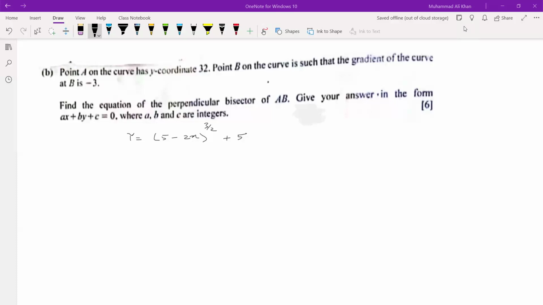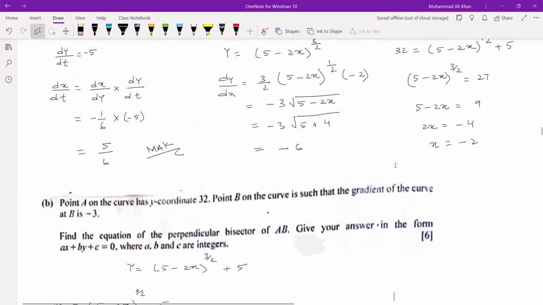So first we have to calculate the coordinates of A and B. For A, replace y with 32. So 32 equals (5 minus 2x) whole power 3 upon 2, so (5 minus 2x) whole power 3 upon 2 equals 27.